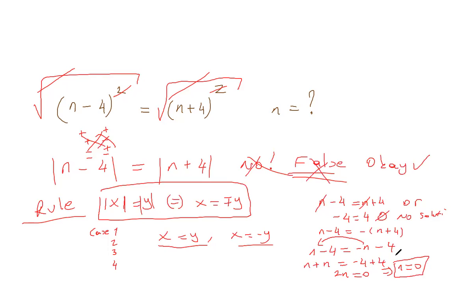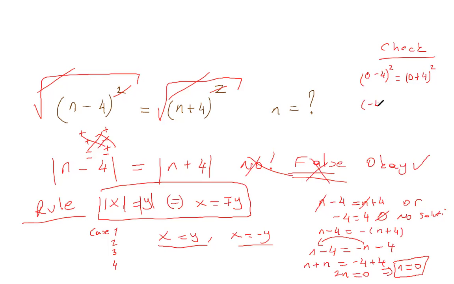We solved the question. If n is 0, it's satisfied. Let's check it. 2n is 0, so n is 0. Let's check it: 0 minus 4 squared. This is the original question. 0 plus 4 squared.